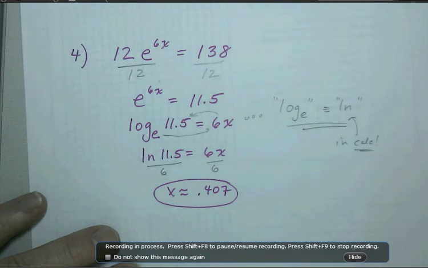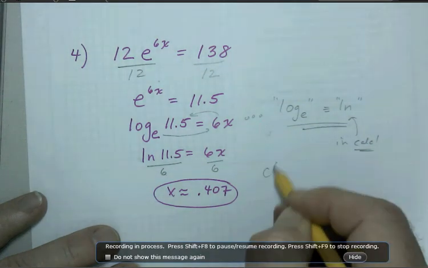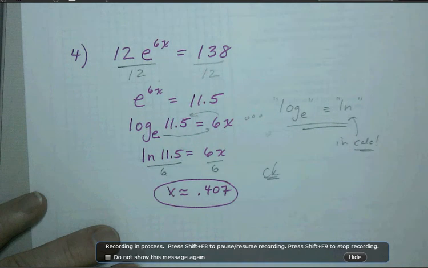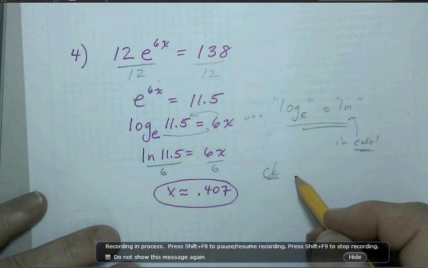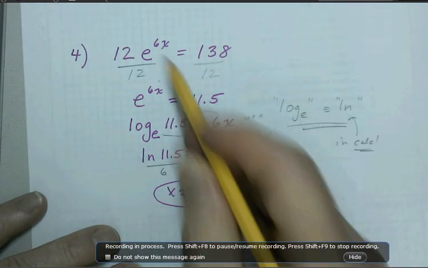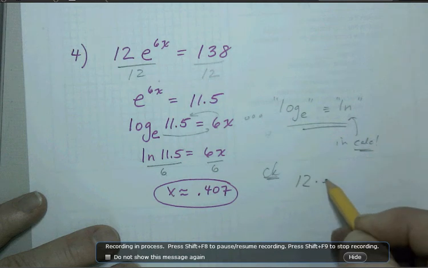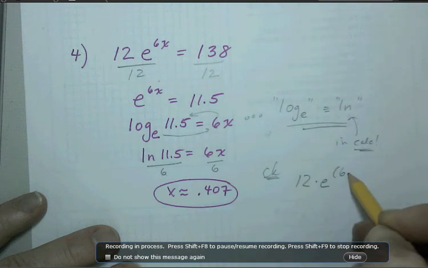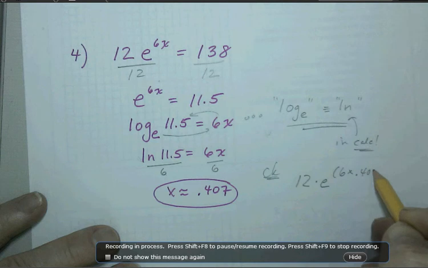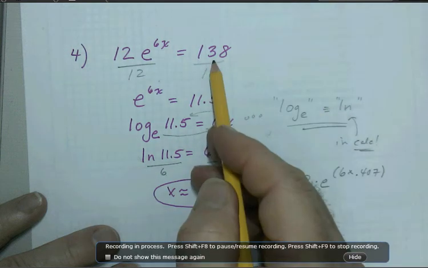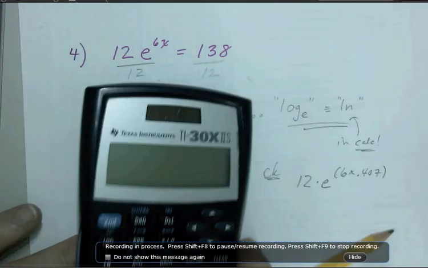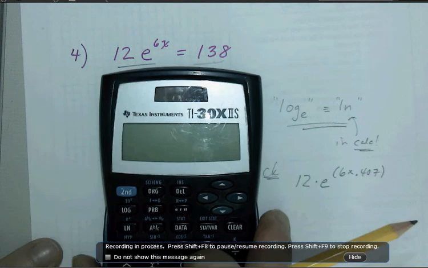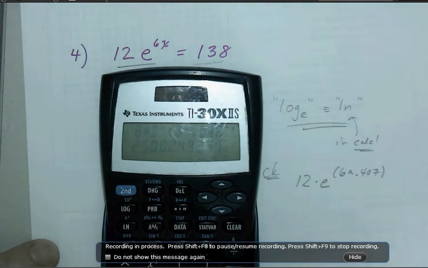And again, I could check it. And I've done enough evaluating with e that I should be able to handle that. But again, plugging that in, 12 times e to the 6 times 0.407 power should give me about 138. Now again, we've done enough with e that hopefully that's easy enough.